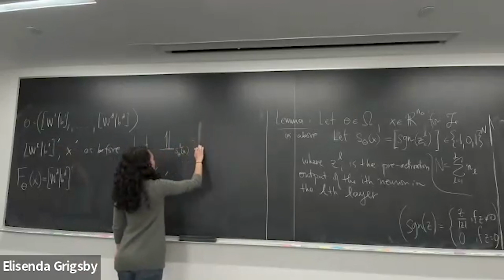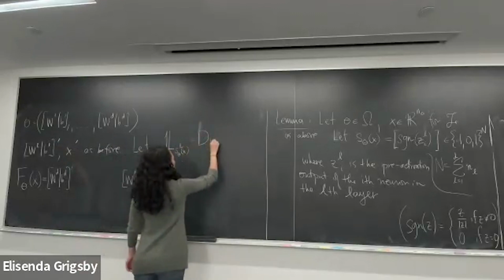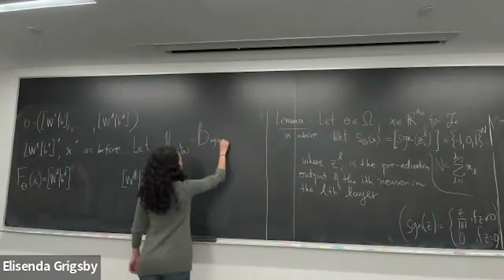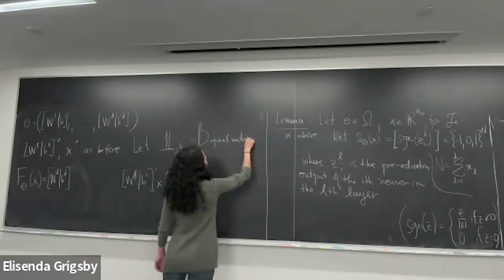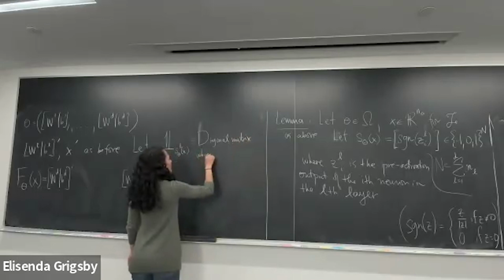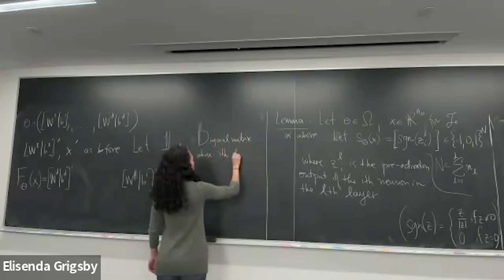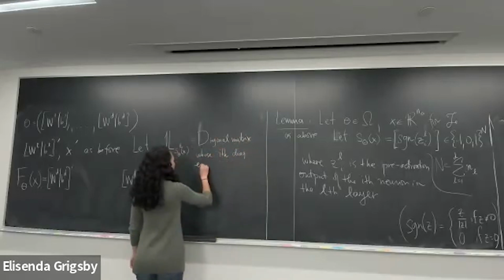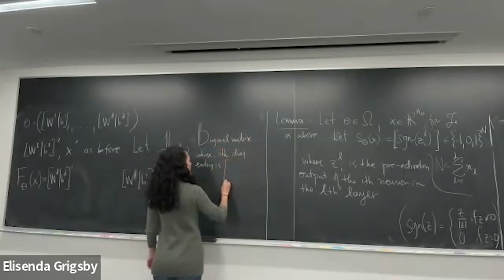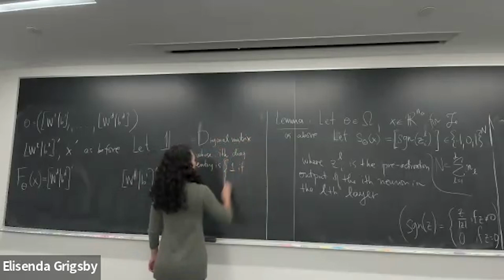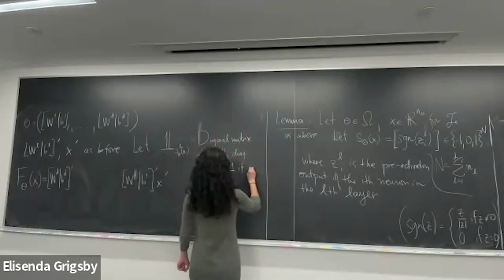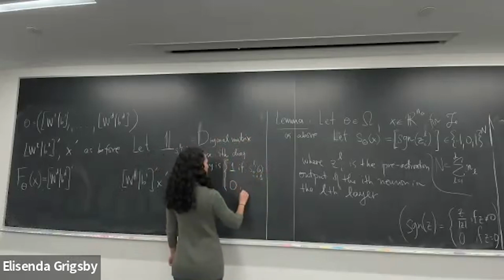This is the diagonal matrix whose ith diagonal entry is 1 if the sign is positive, and 0 otherwise.